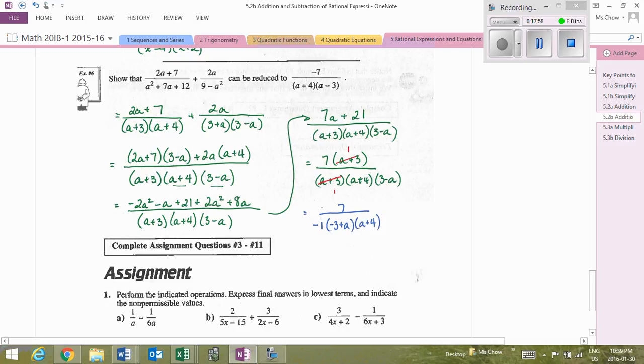So this negative, generally speaking, it's not incorrect to leave it in the denominator, but generally we prefer to have the negatives in the numerator, and then I'll rewrite the minus 3 plus a as a minus 3 and a plus 4. And so we've shown that they are equivalent. Excellent. You guys can do some practice now.